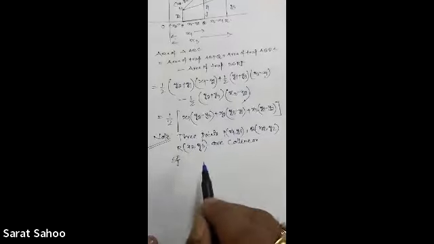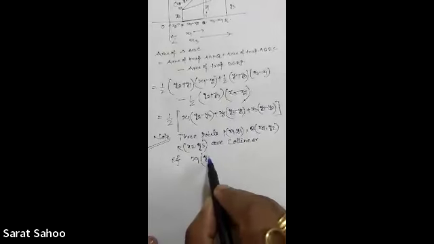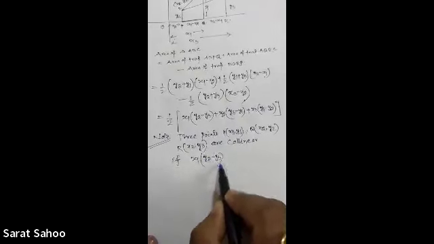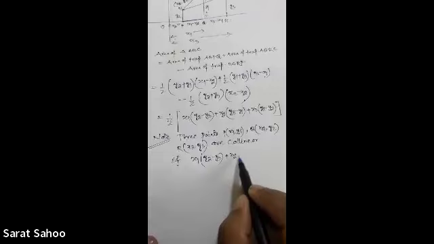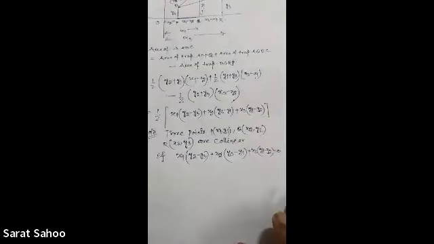So area of the triangle will be 0. x1 into y2 minus y3 plus x2 into y3 minus y1 plus x3 into y1 minus y2 is equal to 0.